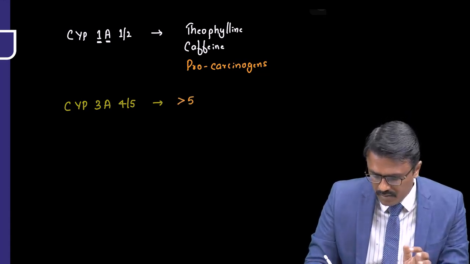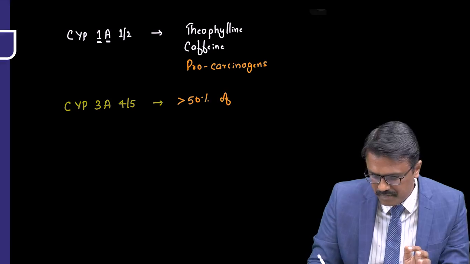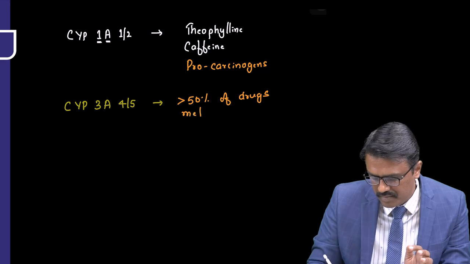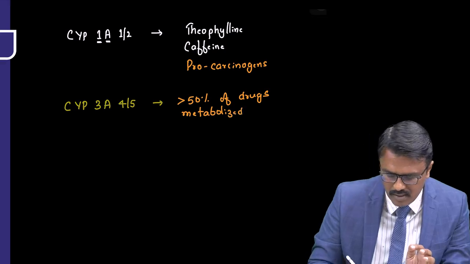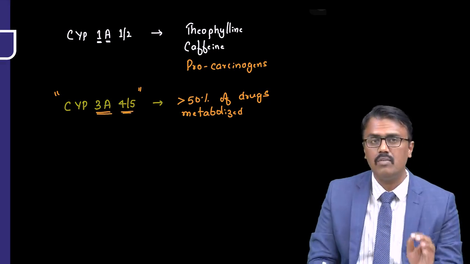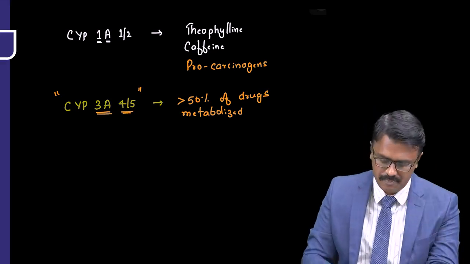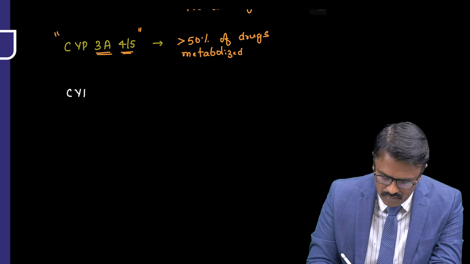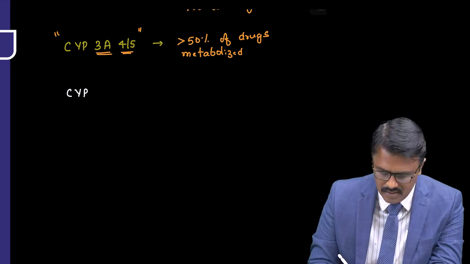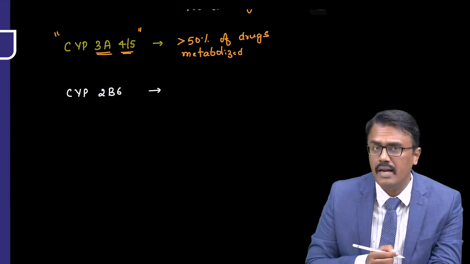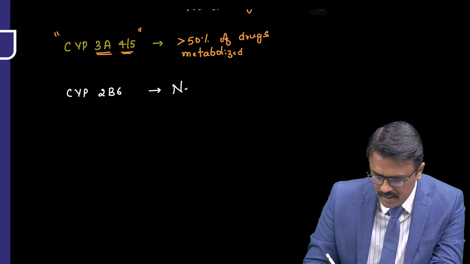More than 50% of drugs are metabolized by these enzymes. So mark this. The name is cytochrome 3A4/5. That is the most common, more than 50%. Then the next one is cytochrome 2B6. It will metabolize an anti-HIV drug, called nevirapine.